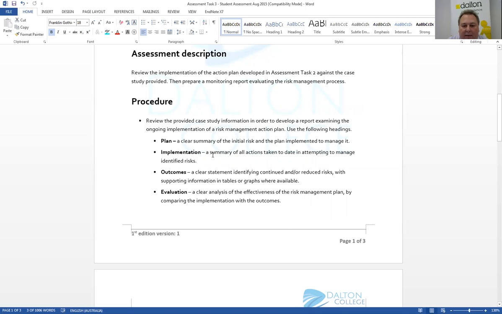Implementation: a summary of all actions taken to date in attempting to manage identified risks. Outcomes: a clear statement identifying continued and or reduced risks with supporting information in tables or graphs where available. Evaluation: a clear analysis of the effectiveness of the risk management plan by comparing the implementation with the outcomes.